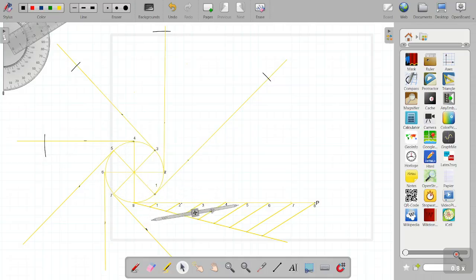Then the next point is 5, doing the same procedure, measuring the distance from point 5 to point P, keeping the center as 5 on the circle, and make an arc on the tangent from point 5.